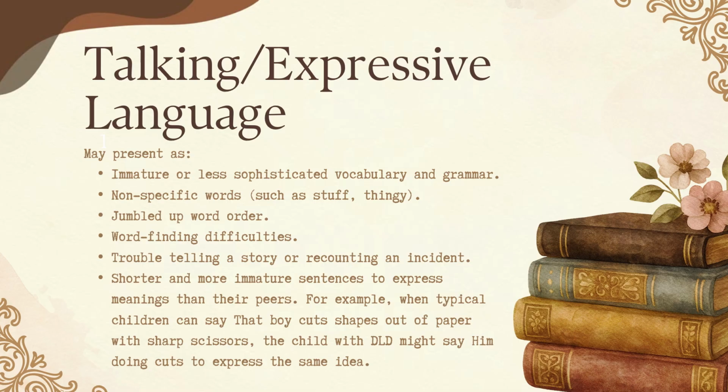So for example, if one student says, "That boy cuts shapes out of paper with sharp scissors," a child with a developmental language disorder might say, "him doing cuts," although they mean the same thing.